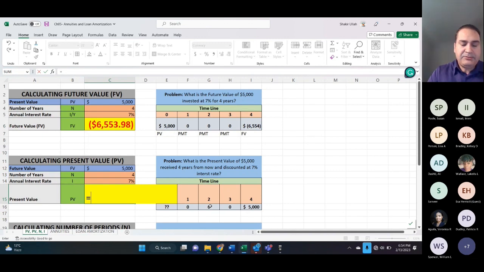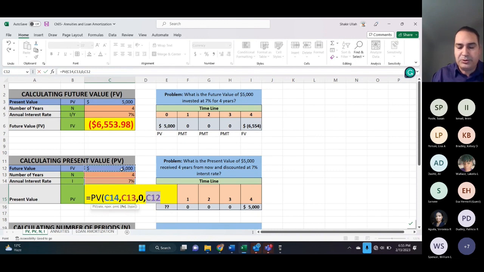Now, for the present value, the formula is PV equals to PV. And as soon as you start building the formula, it is asking for the variable. So the first one is rate. We know that is 7%, comma, number of periods, 4 right here, comma, payment. Again, those payments are zeros, so we put a 0 for the payment in the Excel formula. And comma, it is asking for the future value, which is 5,000.